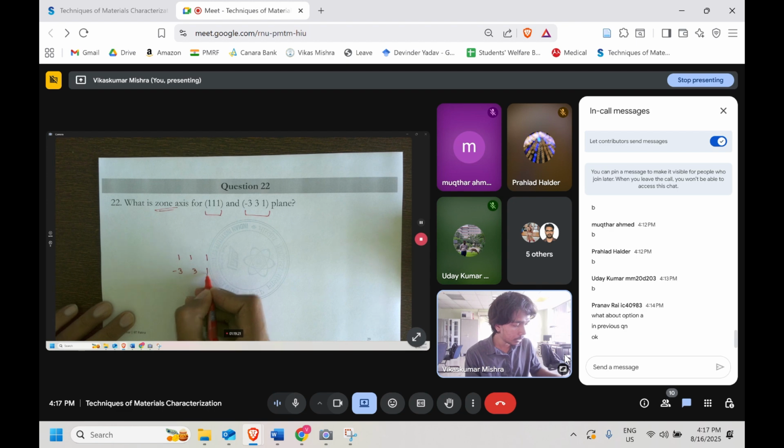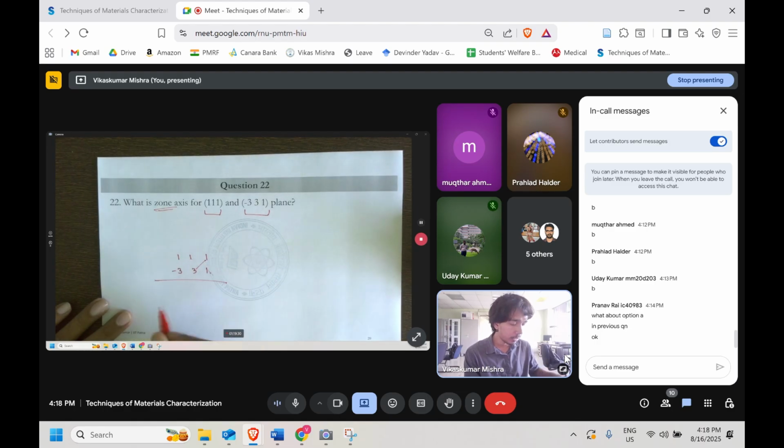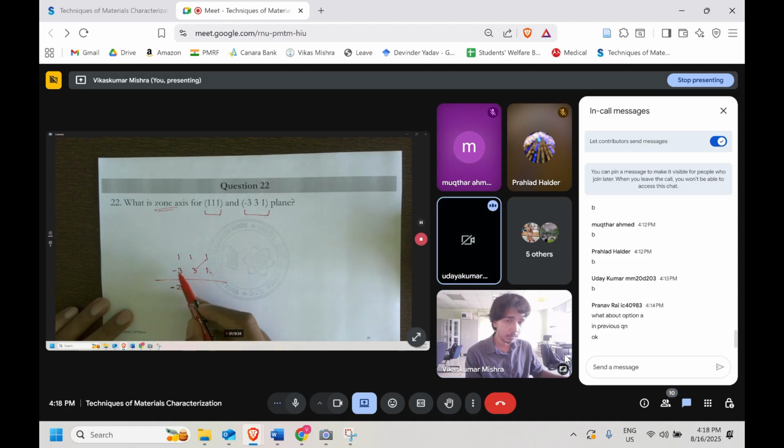You will find a similar question in the assignment. So all you have to do is the cross product over here. We can see that 1 minus 3 will be minus 2. Minus 3 minus 1 will be minus 4. In this case, 3 minus of minus 3, that is plus 3, so it will be 6.